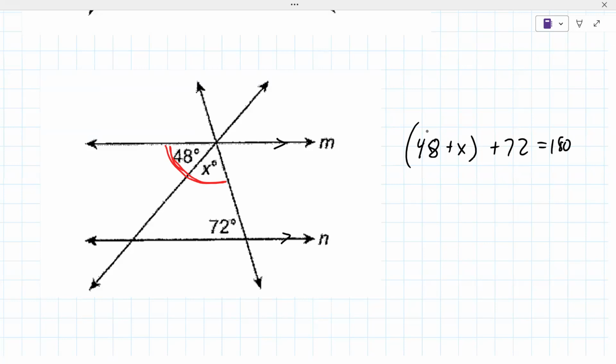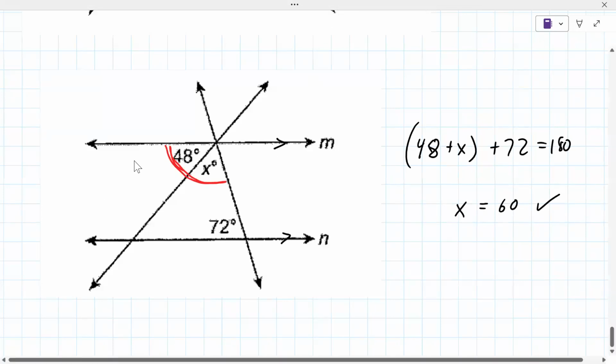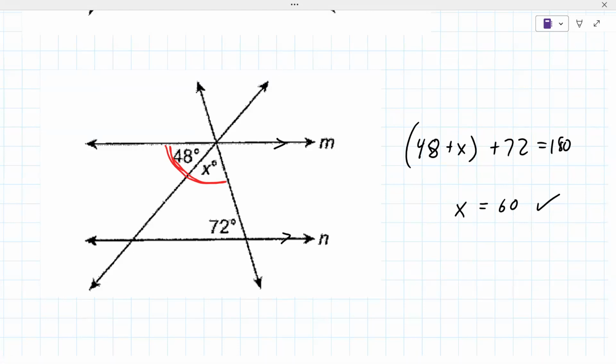So 48 plus 72 is 120, so in this case X plus 120 equals 180. X is equal to 60. Yeah, you got it. And then do I find the sum? You can, but that's up to you. Okay. We're all done for today, out of time here.